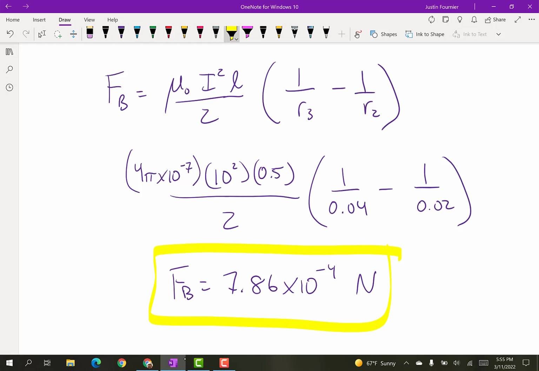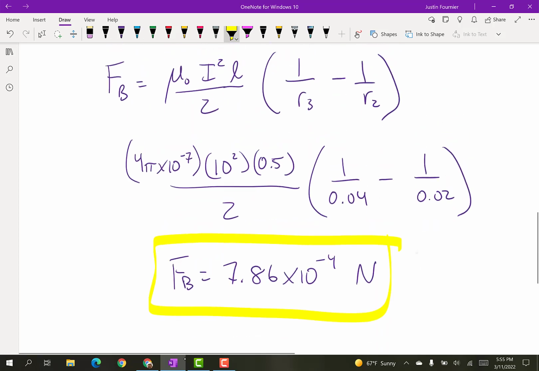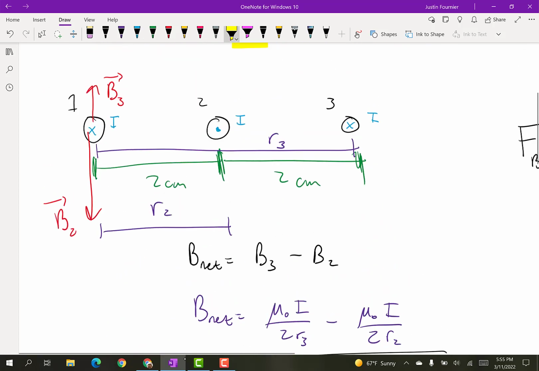And hold on, I'm not 100% confident in my answer, so let me do that one more time. Yep, 7.86 times 10 to the negative 4, so that's checking out. All right, so that's the force, and there you go.